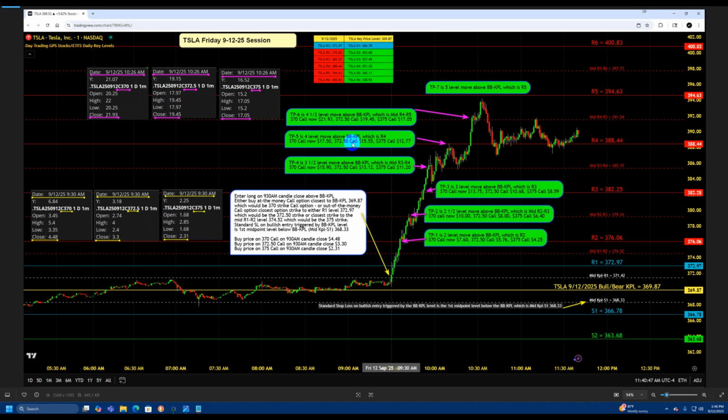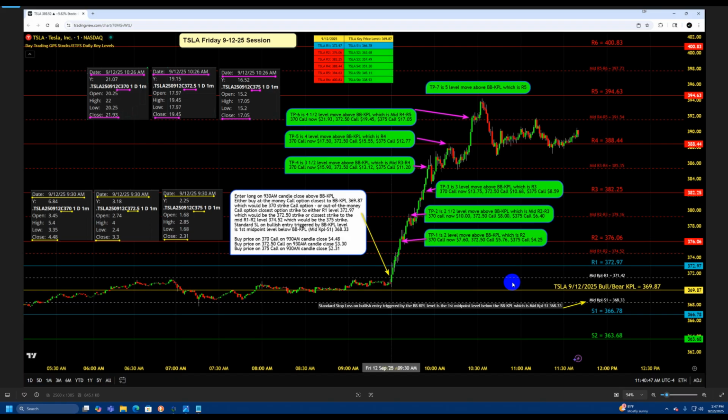So if you have that kind of bottle rocket stock that's, say, trading at $2, $3, $4, $5 and has news on it and is making a gigantic move on the day, then this indicator will adjust to that volatility and you will have up to 10 levels above the bull bear KPL, or in the case of negative news, 10 levels below the KPL.